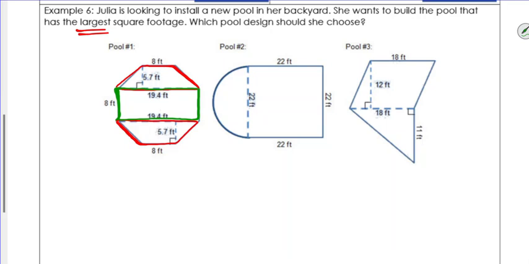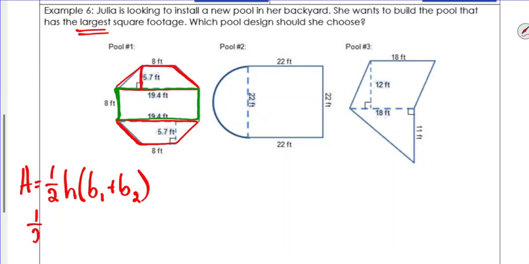Alright, so the area of a trapezoid is 1/2 times the height times b1 plus b2. The height of the trapezoid is always going straight up and down here. That is that 5.7. So it's 1/2 times 5.7 times b1 plus b2, the top and the bottom, that's 19.4 plus 8.